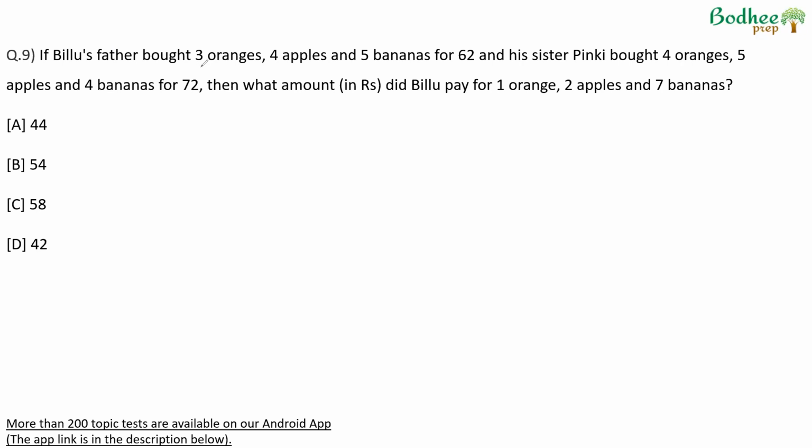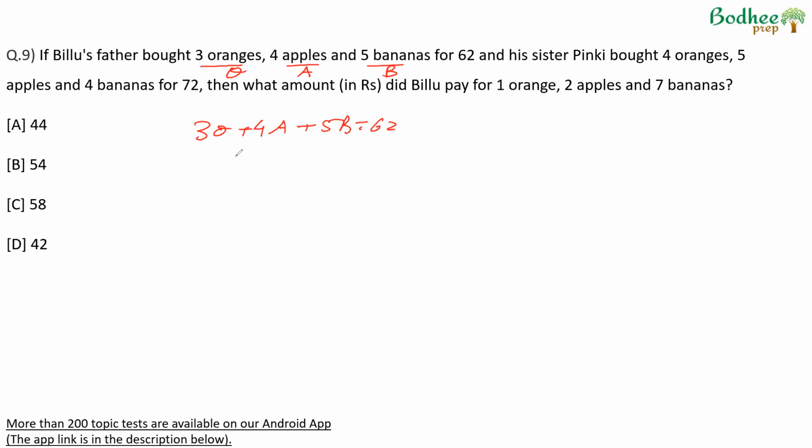Billu's father bought 3 oranges, 4 apples, 5 bananas. Suppose the cost of an orange is O, one apple is A and one banana is B, for 62. So 3O plus 4A plus 5B is equal to 62.